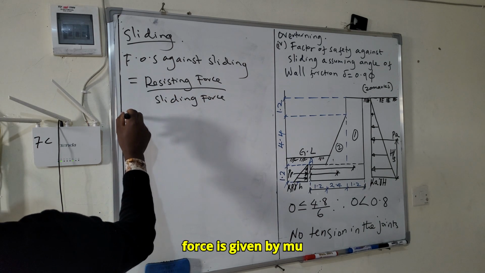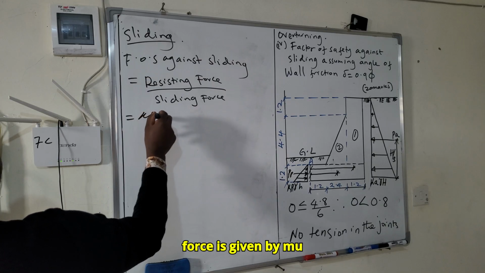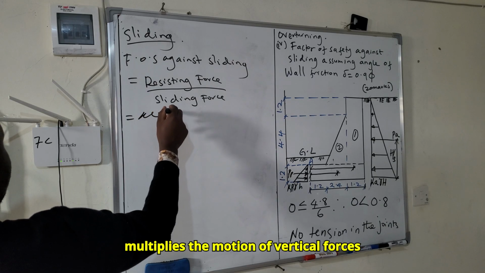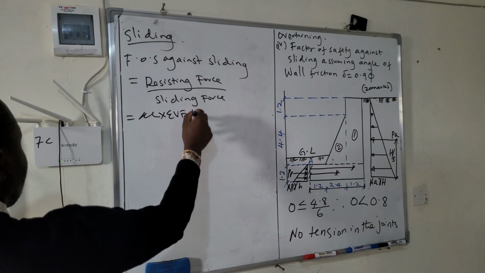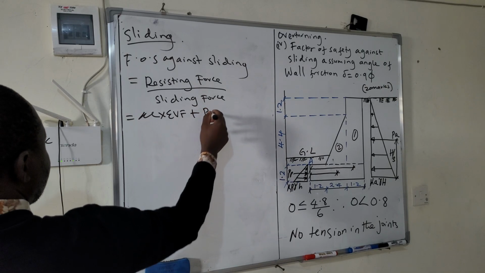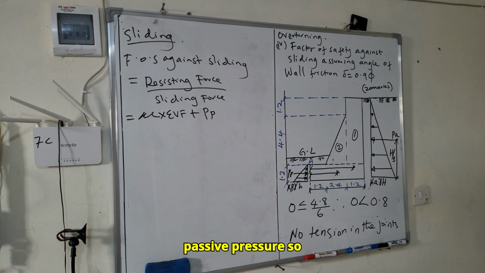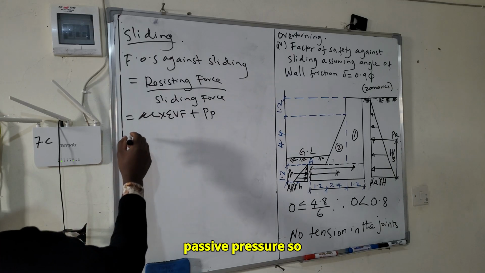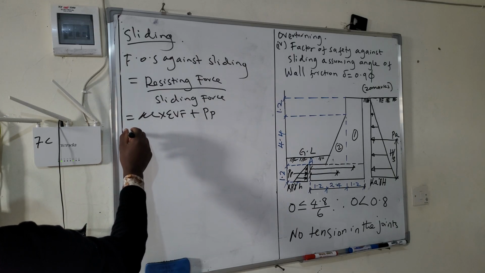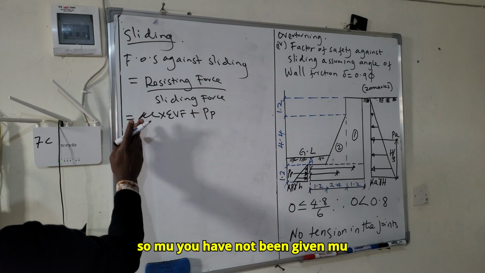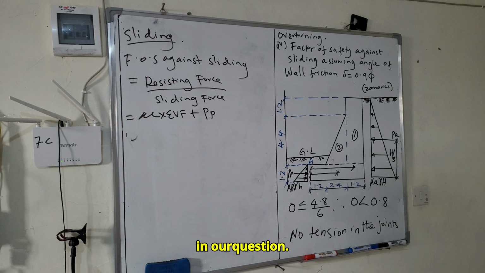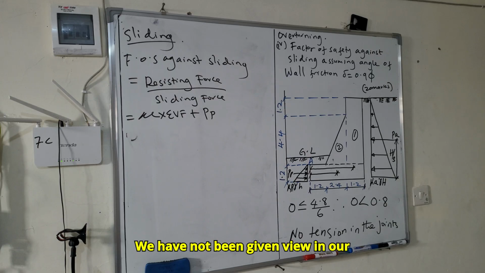And resisting force is given by mu multiplies the summation of vertical forces plus passive pressure. So mu, you have not been given mu in our question.